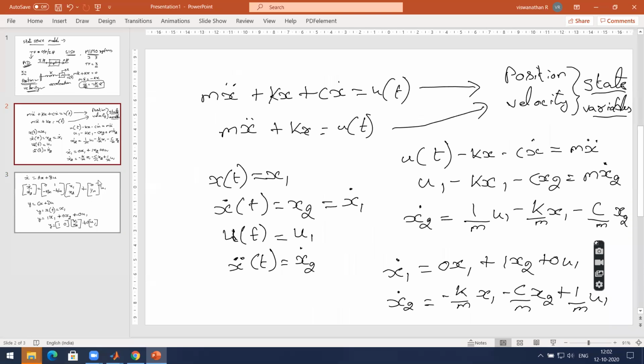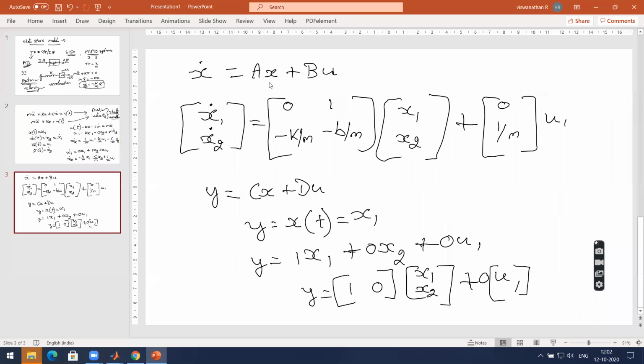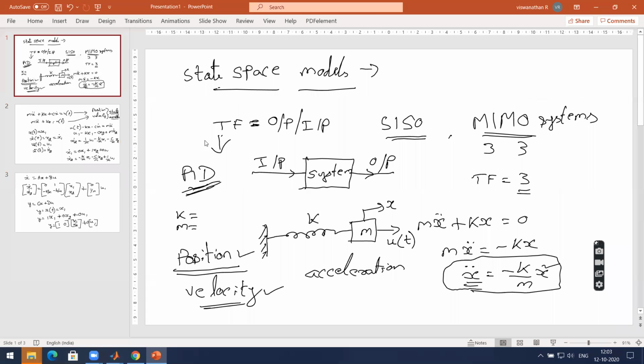But you must have got some understanding of position and velocity, what a state variable is, and how to write it in this form. This is the example we took, the spring mass and the damper. We have considered the damper.